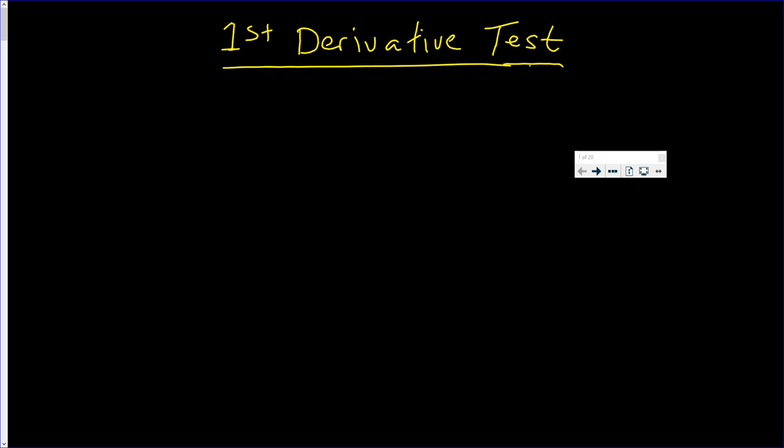We're going to talk about the first derivative test. If you have a curve that goes like this, let's look at the tangent lines.